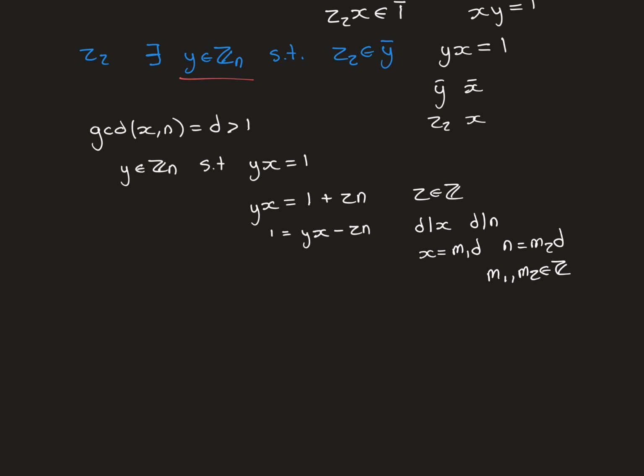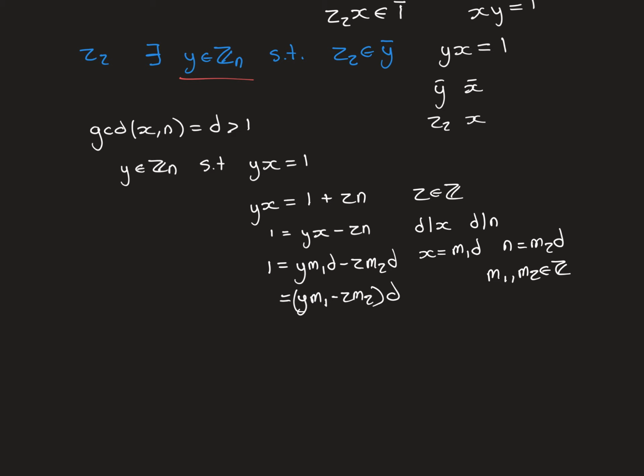And now we'll just put those into this equation and we're going to get some garbage. So 1 is equal to y, whatever that is, the thing that can't exist, times m1 times d minus z times m2 times d. Now just pull out that d and we get y times m1 minus z times m2, times d.